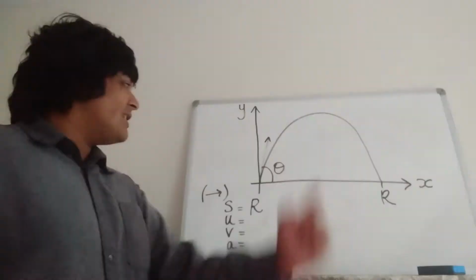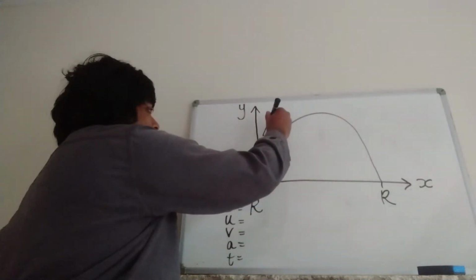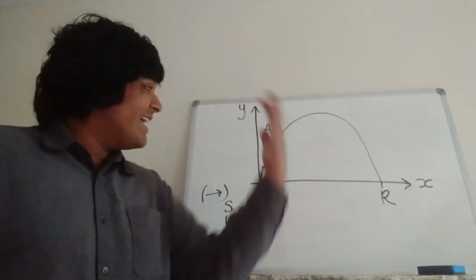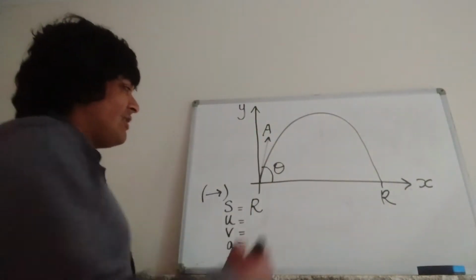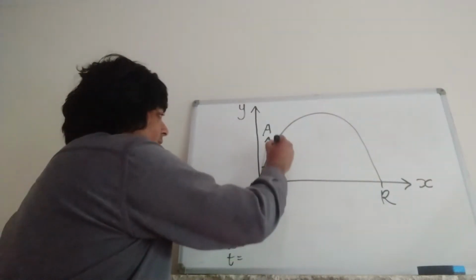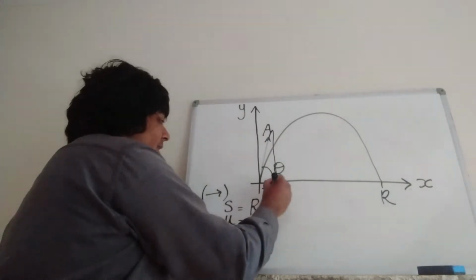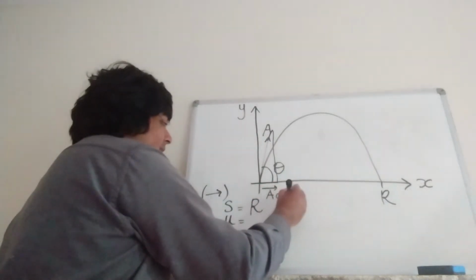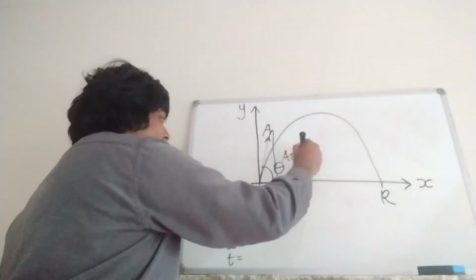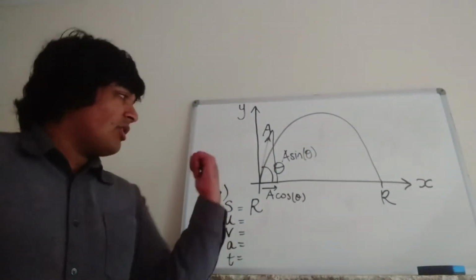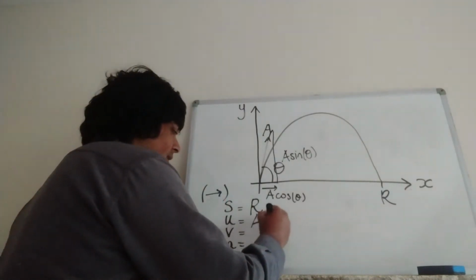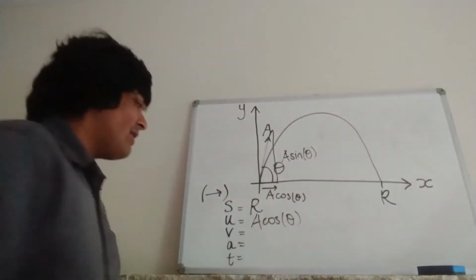But then of course it's got some velocity in that direction and some in that direction, and if we draw a triangle it might make more sense. This here is A cos theta, and this here is A sine theta. So its horizontal velocity, or its initial velocity, is A cosine theta.